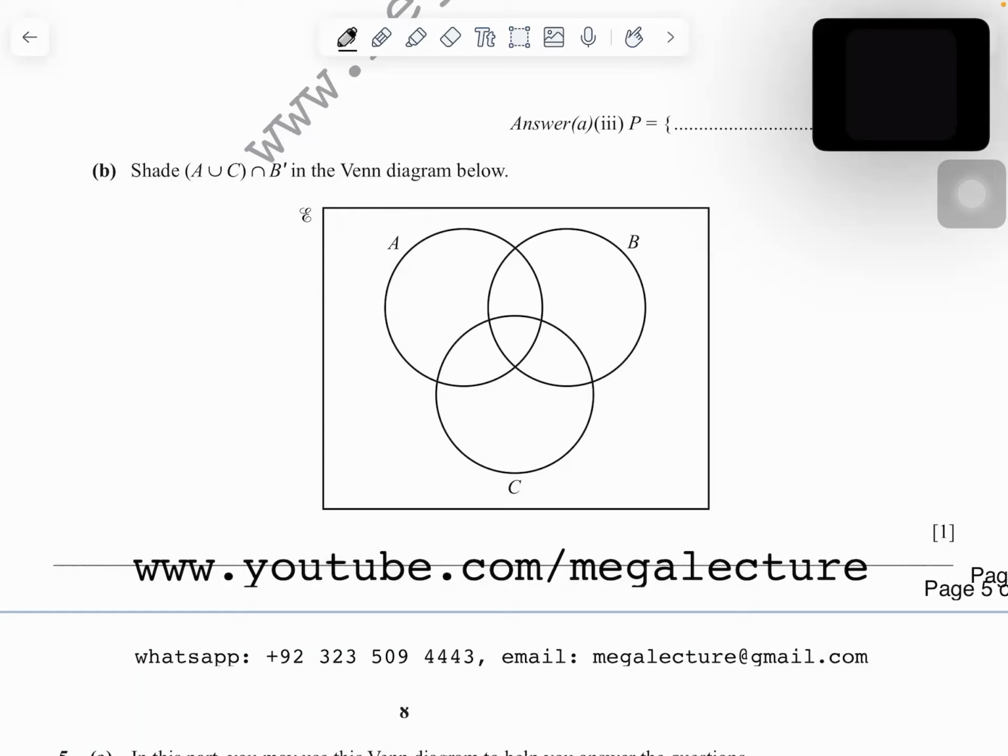Is the answer A and C, but not anything that intersects, like B? You mean this part, right? Yeah, that one. That's correct. Good job.